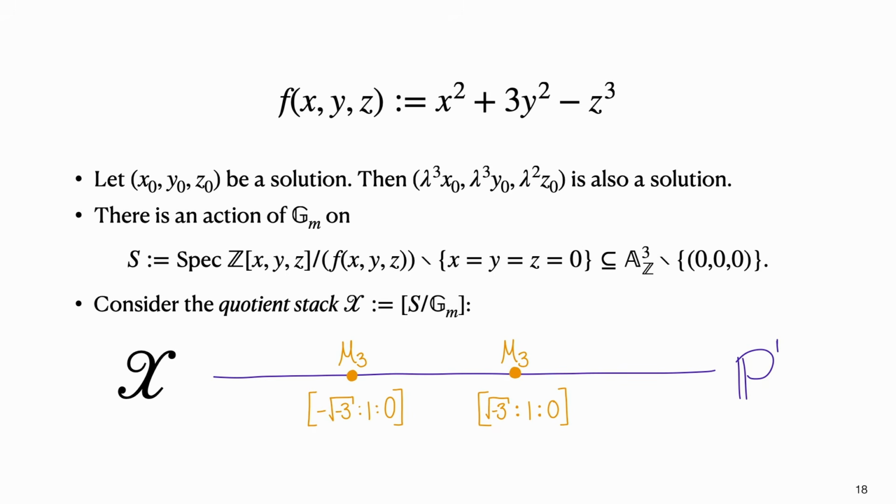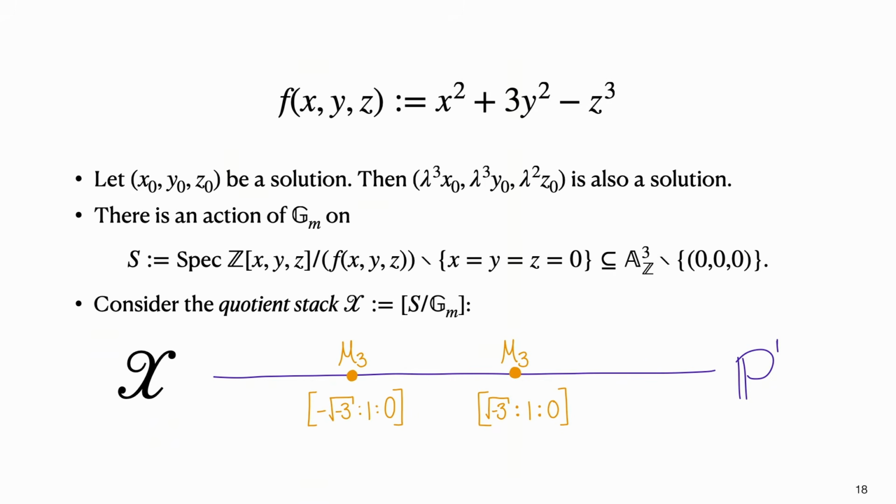So if you have any solution x naught, y naught, z naught, let me act on a solution by the lambdas with the appropriate weights. So we get lambda cubed, lambda squared. That's our rescaling.